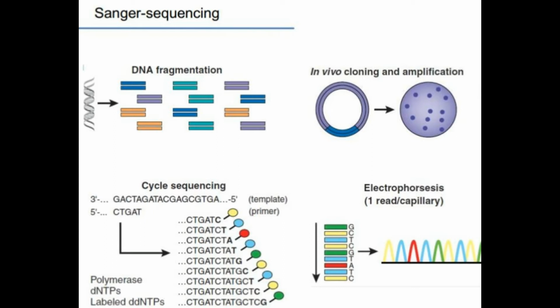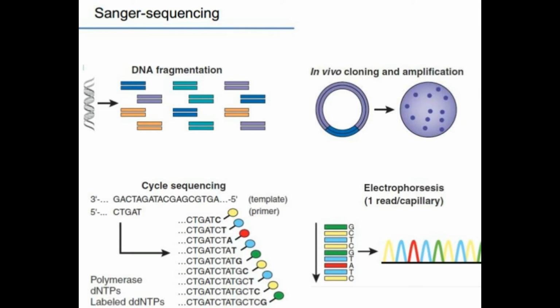So what we do is we separate our DNA fragments into four different test tubes of A, T, G, and C respectively, where A, T, G, and C correspond to the ddNTP of A, T, G, and C, so that we are absolutely sure that one test tube contains all the random fragments where the A is terminal, the T is terminal, the G is terminal, and the C is terminal.